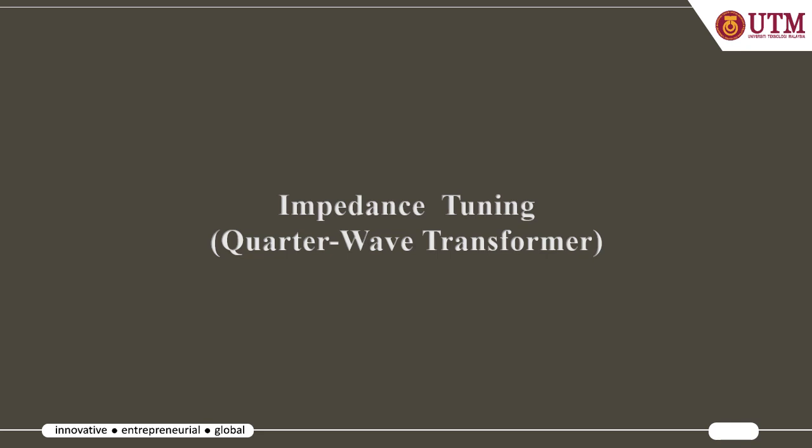Okay, next we are going to look at another type of impedance tuning technique, which is using a quarter wave transformer, or by inclusion of an additional λ/4 element in between the transmission line and the load impedance.